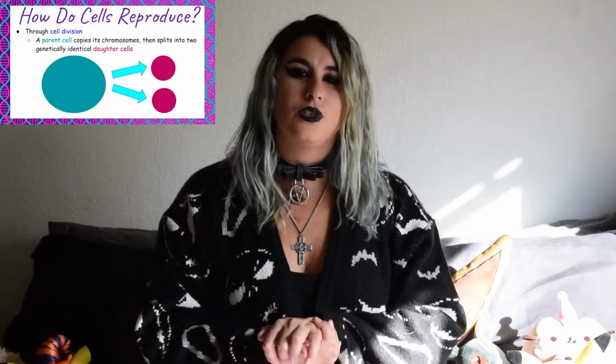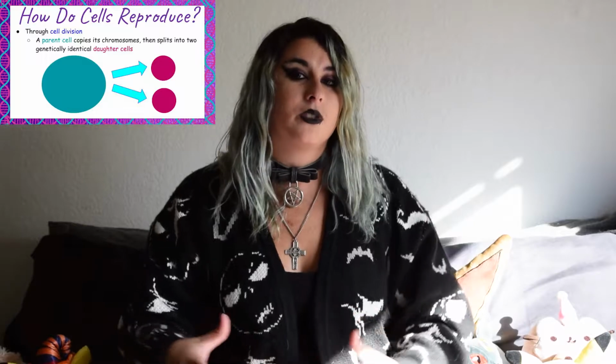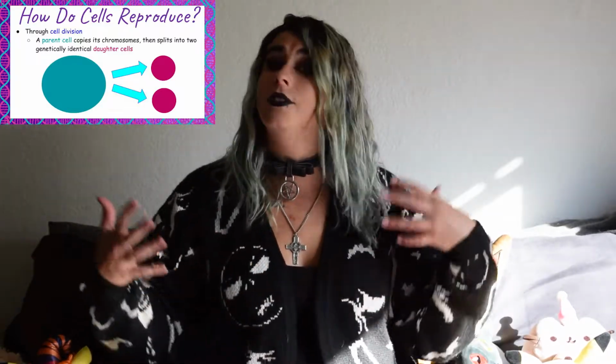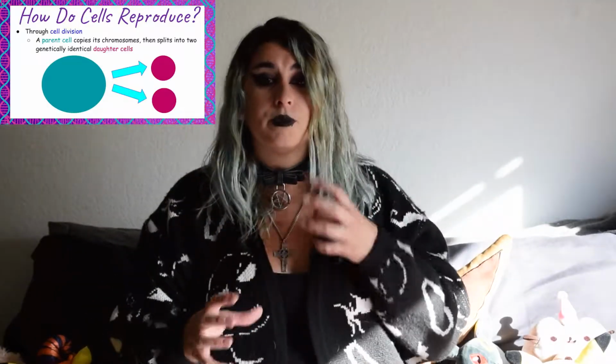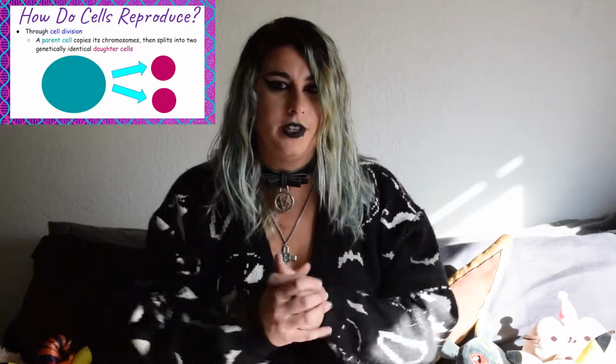The first question we might have about cells in this whole thing is, how do cells reproduce? Well, that's going to be through a process known as cell division, which is basically where a parent cell copies its chromosomes, copies its DNA, which is stored on those chromosomes, then splits into two genetically identical daughter cells.